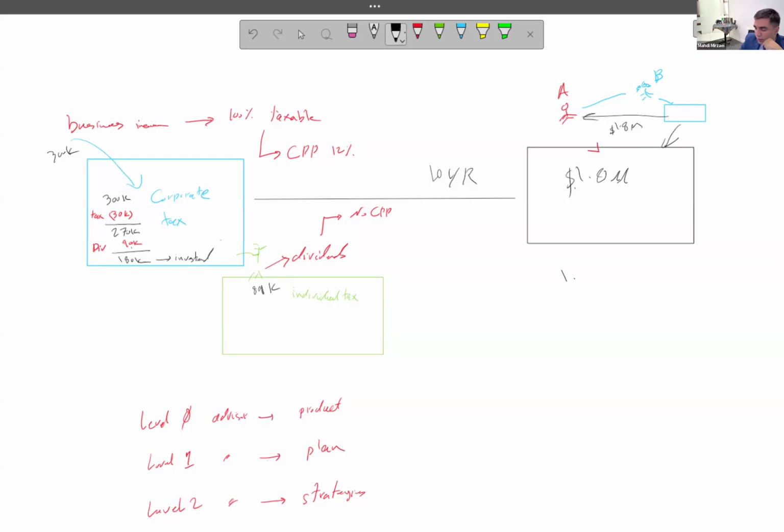Now, $1.8 million, $1.25 million of this money is tax-free. They don't need to pay any tax on it. And he needs only to pay tax on $550,000.